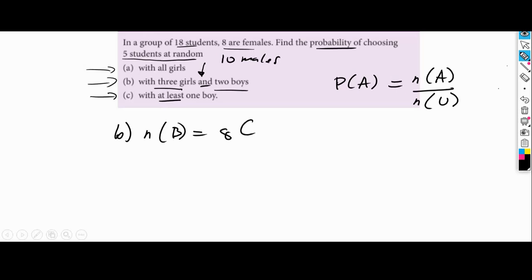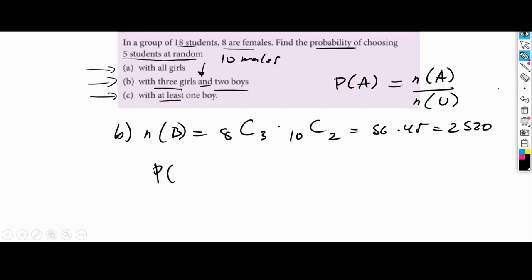So 8 in combination with 3. And this times, because we have and, as I said, how many different ways can we pick 2 boys out of the group of 10? So that would be 10 in combination with 2. So this is going to equal 56, which we had before, times 45, which is a total of 2,520.